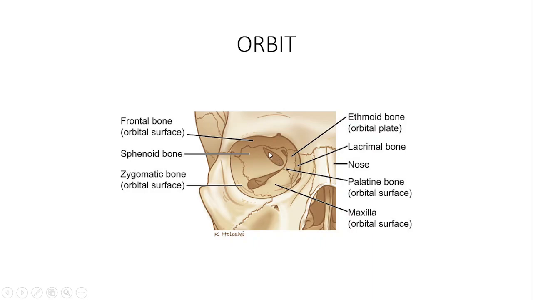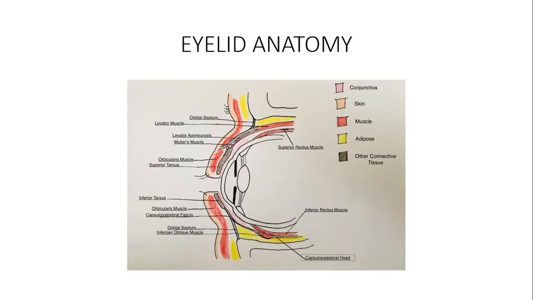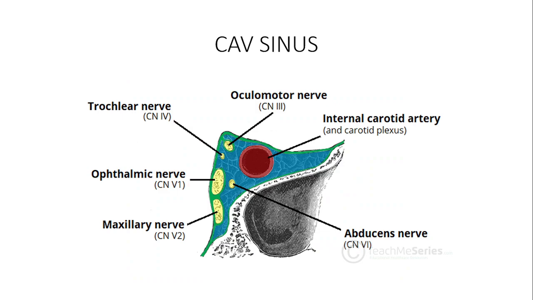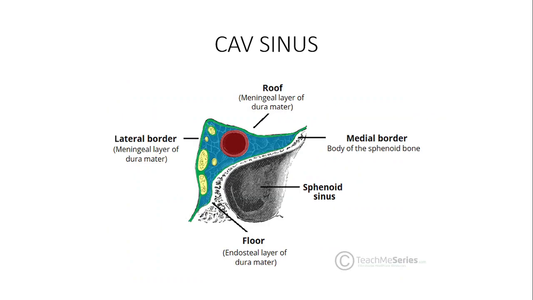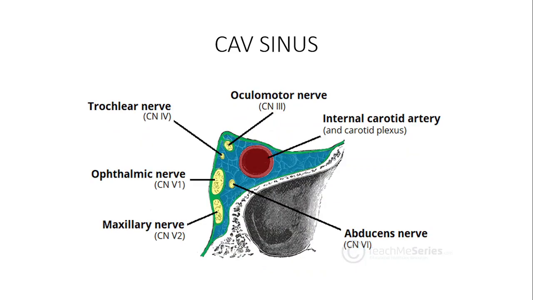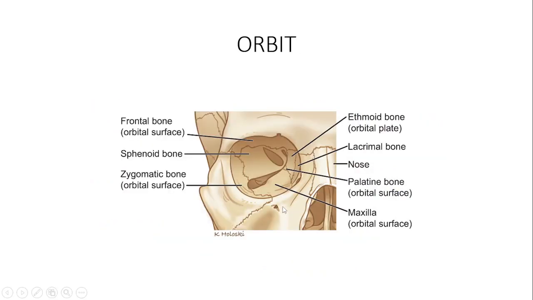So once you explore and realize that the maxillary nerve is affected, then most likely your syndrome should be limited to the cavernous sinus. If the maxillary nerve is not affected, then limit your syndrome to either superior orbital fissure syndrome or orbital apex syndrome.